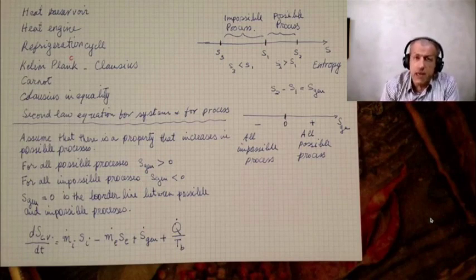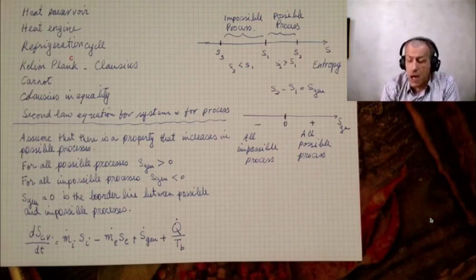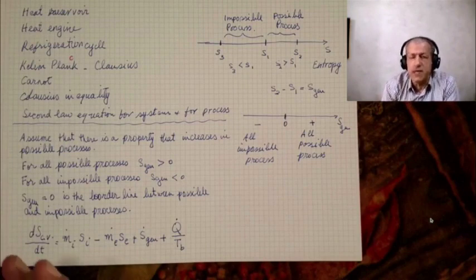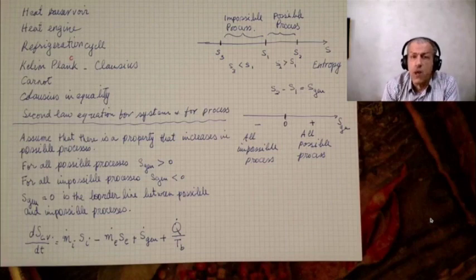But it is a very important point to learn how we use this equation, and what the Q over the boundary term does, and why it makes this equation a very useful equation.